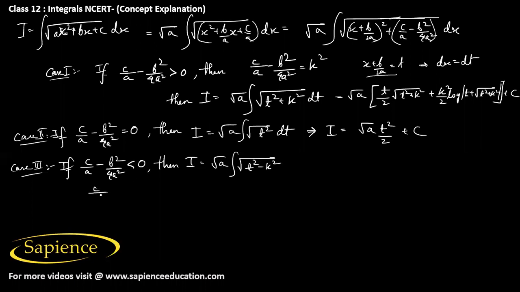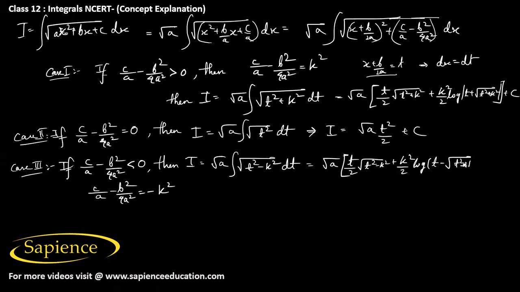It means that c by a minus b square by 4a square, I can write it as some minus k square, since this is less than 0, and dt. So then this will be equal to root a into t by 2 square root of t square minus k square, then plus k square by 2 log mod t plus square root of t square minus k square, plus c.